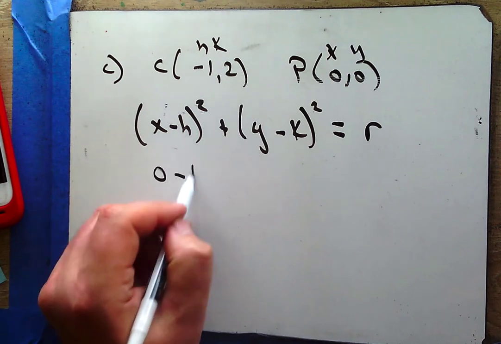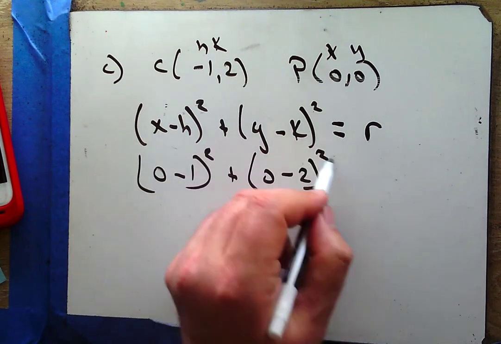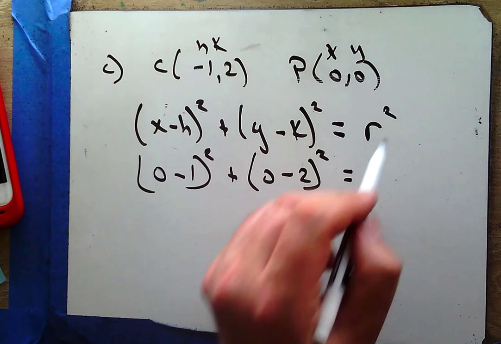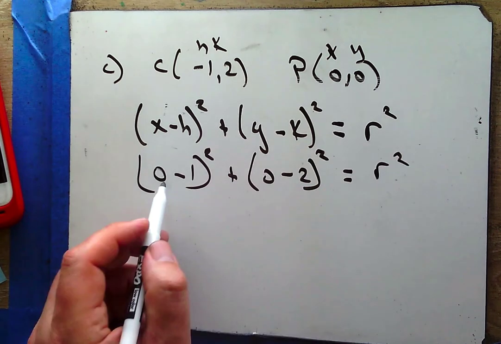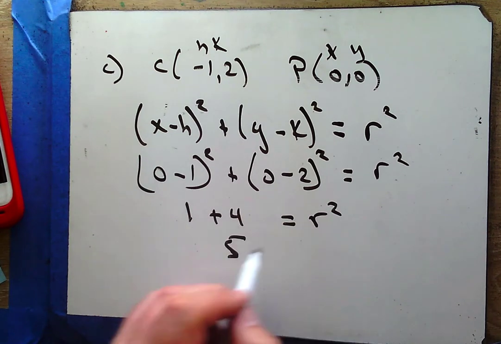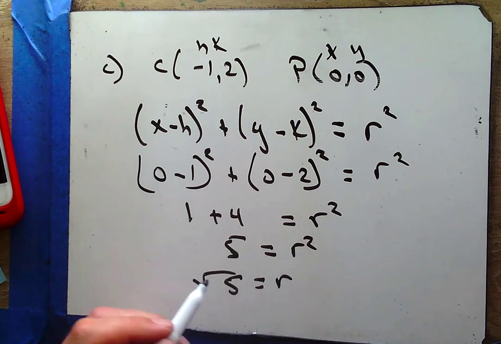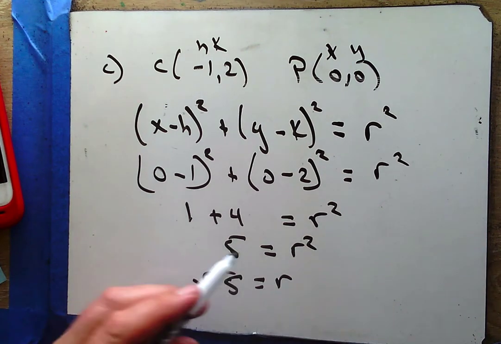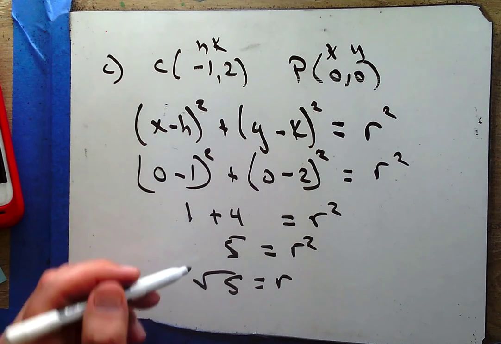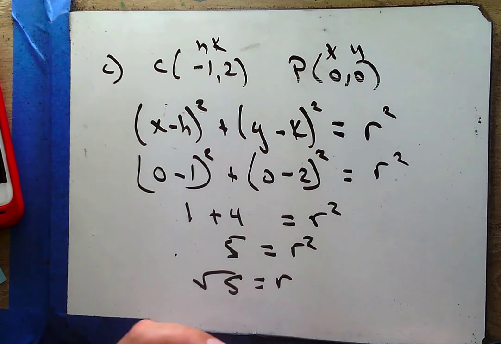So 0 minus negative 1 squared plus 0 minus 2 squared equals r squared. And so I end up with 1 plus 4, 5 equals r squared, and so r equals the square root of 5.